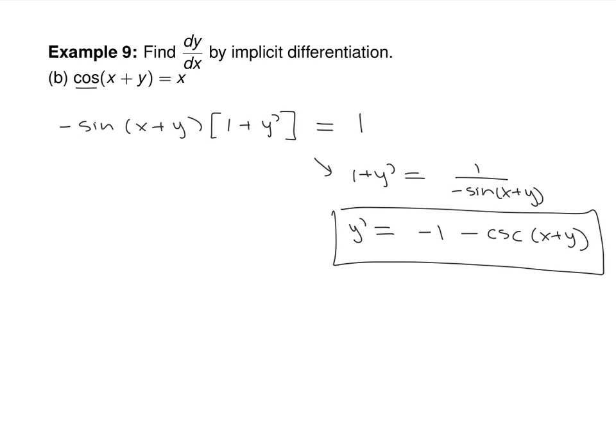If you distribute, you get negative sine of x plus y, oh, sorry, not plus, minus sine of x plus y times y prime equals 1. Is that okay? Then you add the sine of stuff over.